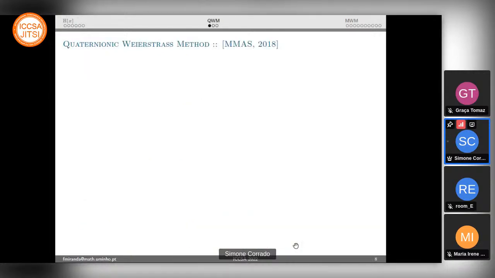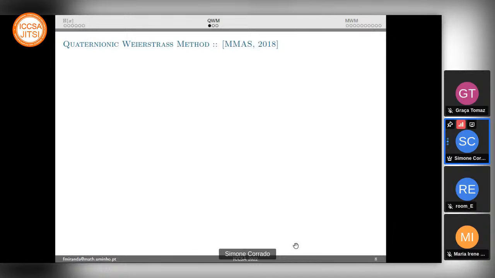So I will talk about a modified quaternionic Weierstrass method. The Weierstrass method is a very popular method to compute the zeros of a polynomial simultaneously.